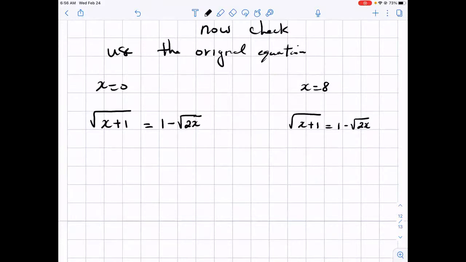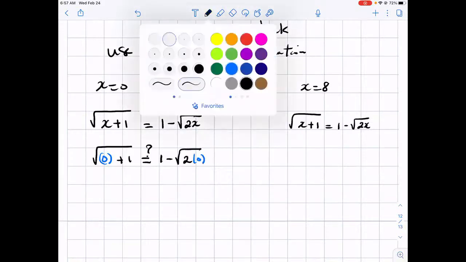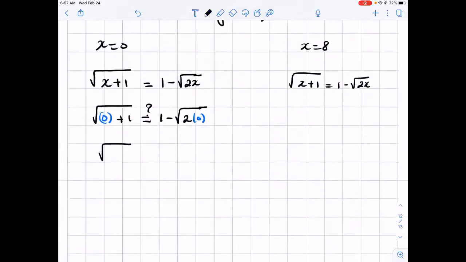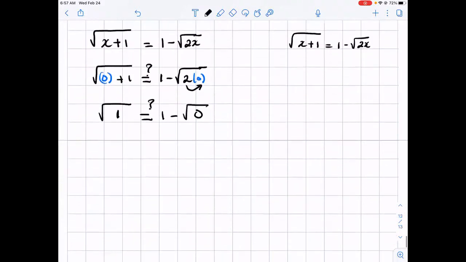So if x is 0, we have the square root of 0 plus 1. And is that going to be equal to 1 minus the square root of 2 times 0? So let's finish up this one and then we'll check the other one. So 0 plus 1 is 1. Is that equal to 1 minus the square root of 2 times 0? When you multiply 2 times 0, you get 0.